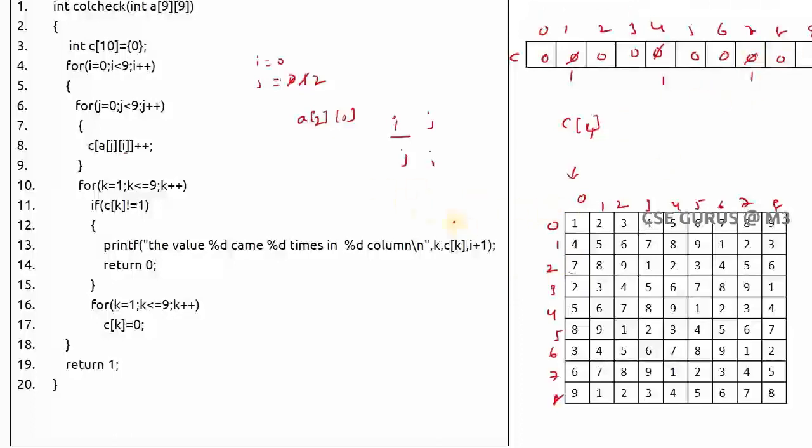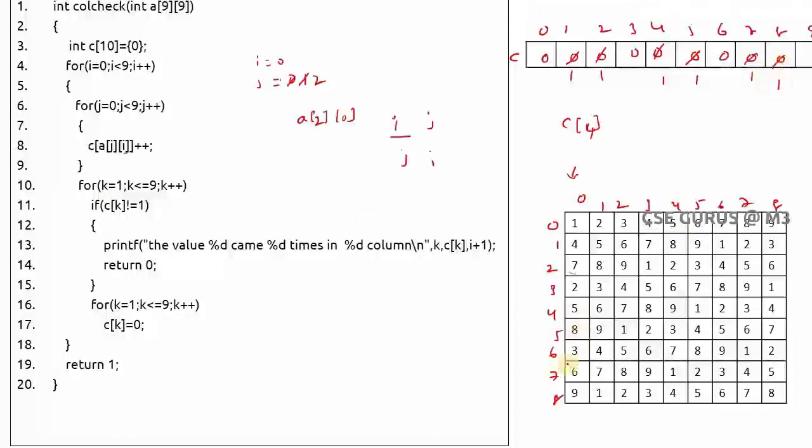Next j value 3. What is a of 3 0? 2. So c of 2, previously 0, now it will become 1. Next j value 4. What is a of 4 0? 5. So c of 5 will become 1. Next j value 5, a of ji, so 8.